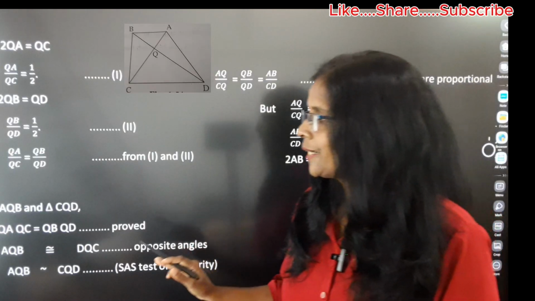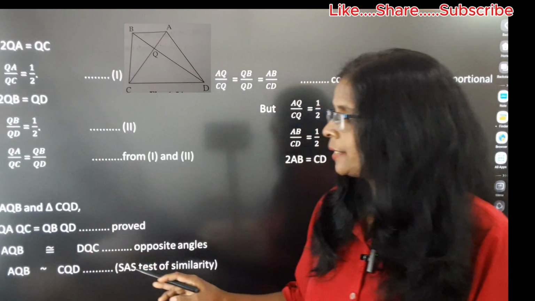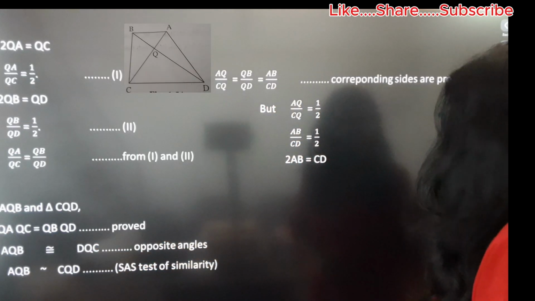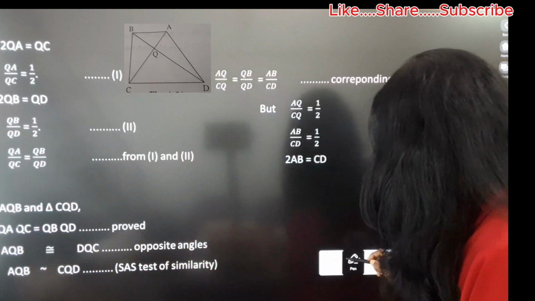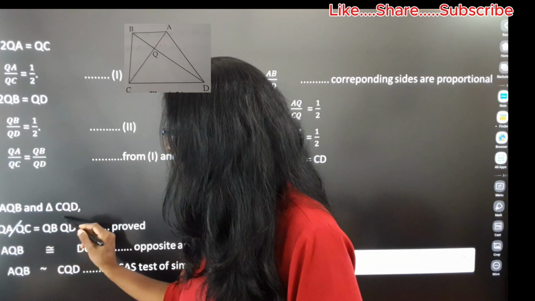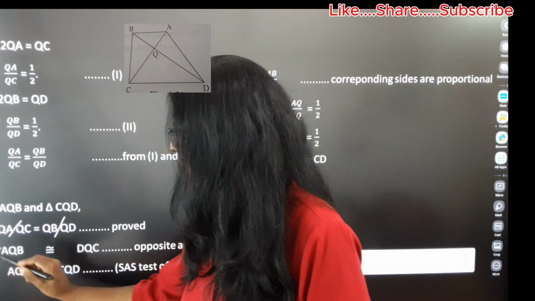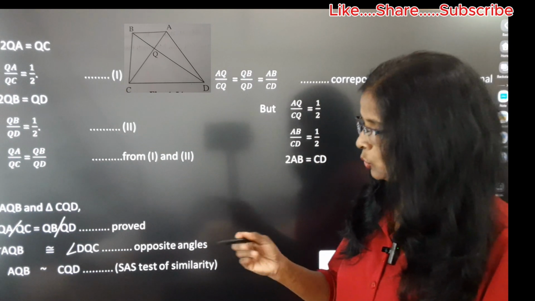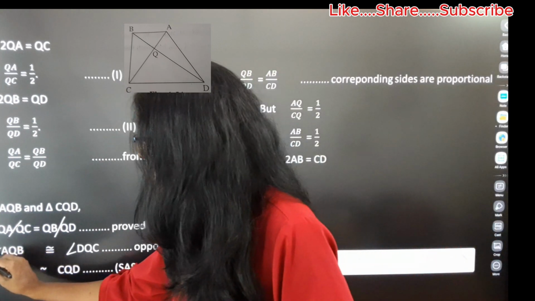Now in triangle AQB and triangle CQD, we have QA upon QC equal to QB upon QD, which we proved. This is the first point. Now angle AQB is congruent to angle DQC because vertically opposite angles are congruent. This is the second point.